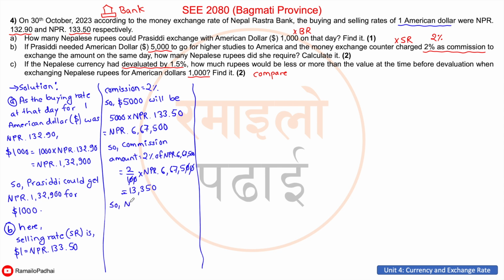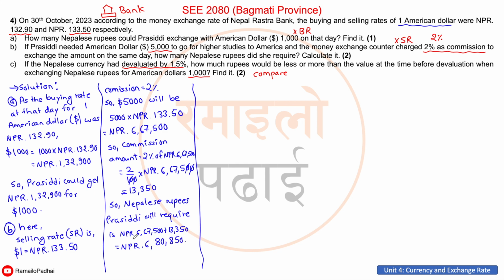So the Nepalese rupees Prasiddhi will require is NPR 6,67,500 plus 13,350, which is equal to NPR 6,80,850.